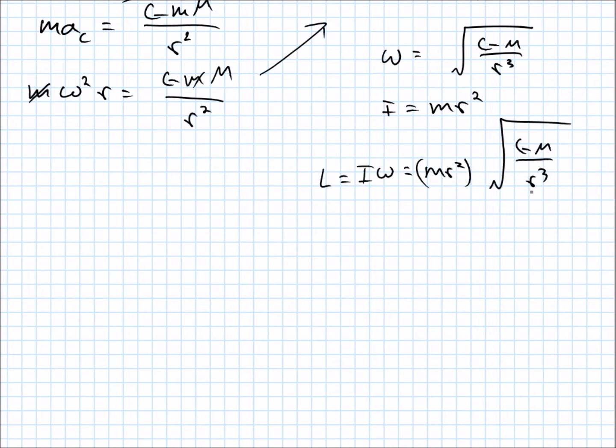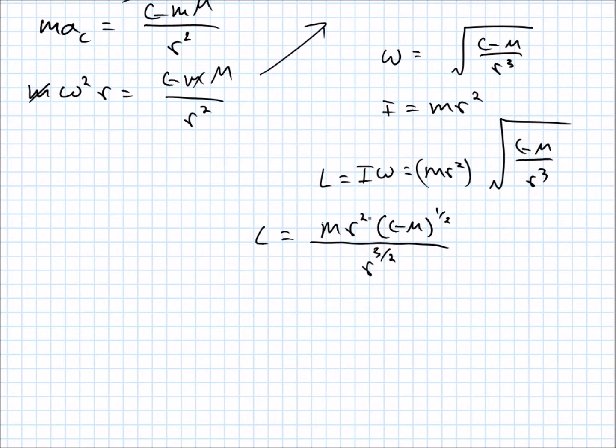So now we need to combine these r's. It could be a little bit messy. So this L is equal to mr squared times (GM) to the 1/2 over r to the 3/2, right? It's cubed, and then we took the square root. And we've got to do our algebra here.